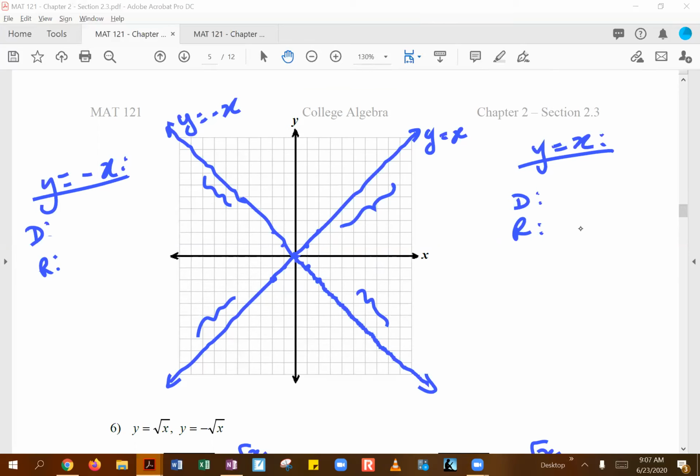Would domain be 0 and infinity? Okay, not quite. Okay, Lori, you are saying negative to positive infinity? Yeah, because if you look at this, you can see this is a line with a slope of 1. So basically you can see it's going towards the left and it's going to the right, which means in terms of the x-axis, it's going to be using both negative and positive infinity values because it just keeps going.